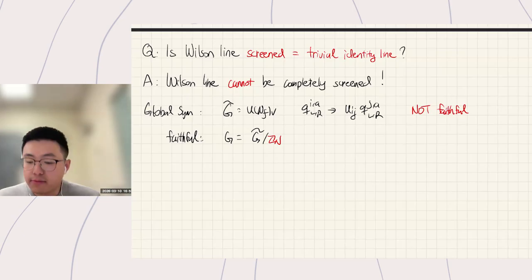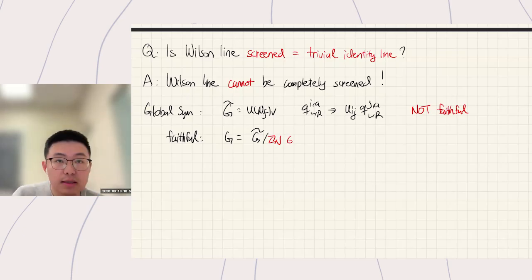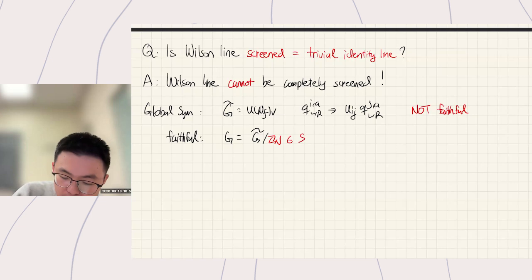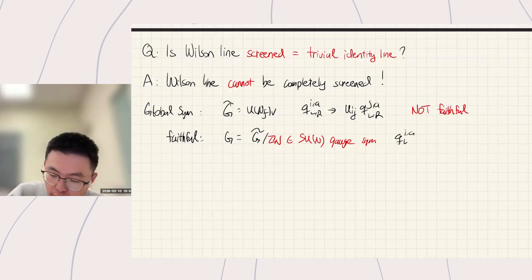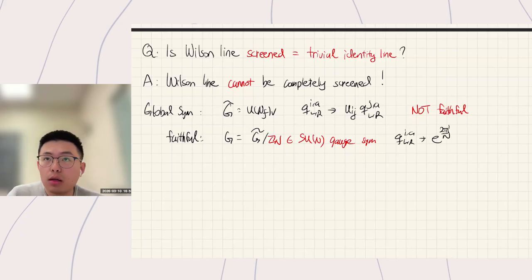And this Zn quotient is very important, because this Zn symmetry is actually part of the SU(N) gauge symmetry. The way it acts is very simple: it's just rotating all of the left and right quarks by an nth root of unity.